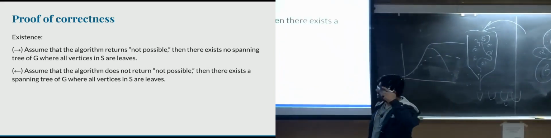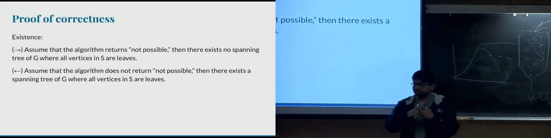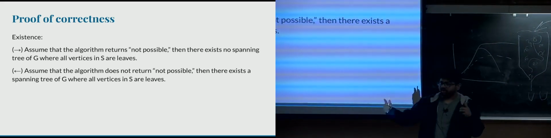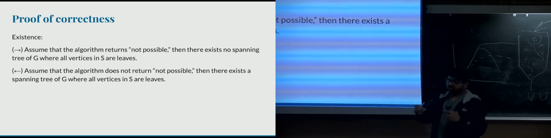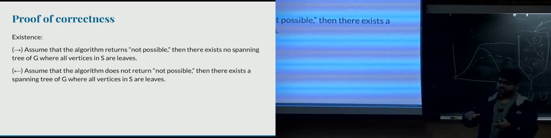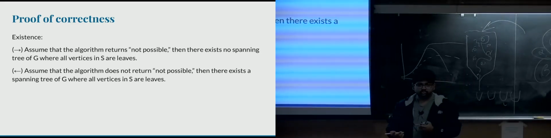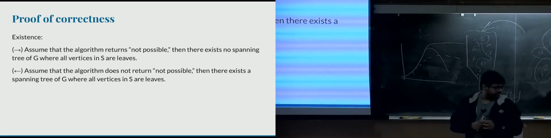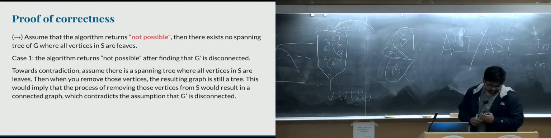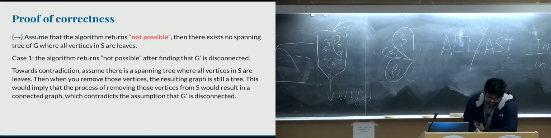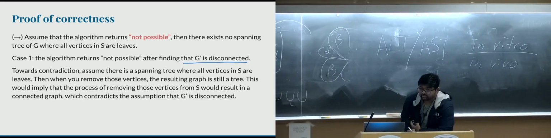So the algorithm that we had, we first check if everything is connected after removing all the vertices in S. So that was the first possible scenario in which we will return not possible. That's exactly what our case one is. The first case is basically when G is disconnected. In that case, we are saying that it's not possible to create such an MST.